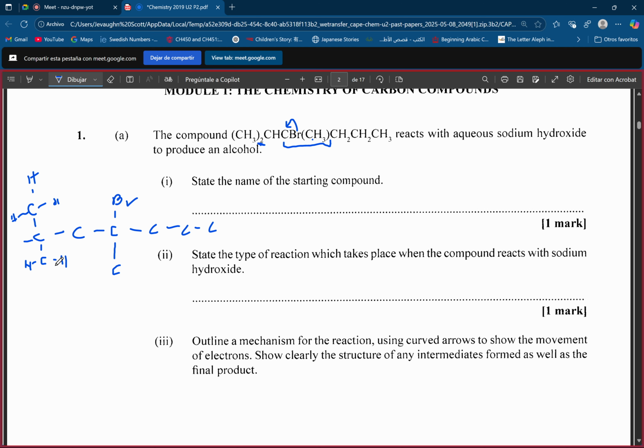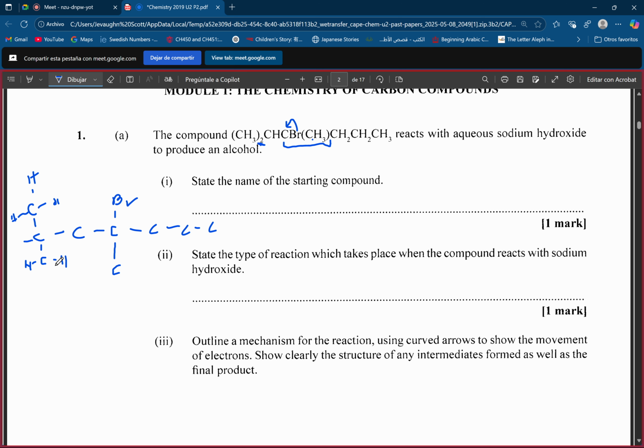All right. So the potential for two of these groups. Let me erase this. All right. So if we have two methyl groups there, on this carbon it only has one hydrogen. So that would be the CH, right? Connected to a carbon containing a bromine and a methyl group.